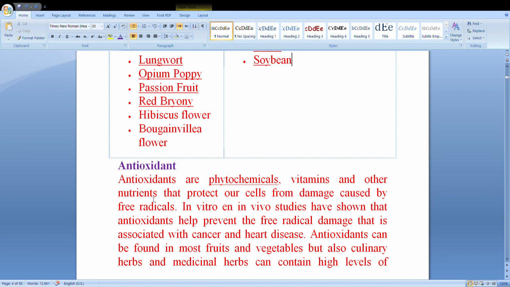They protect or prevent our cells from damage. So this is the most important antioxidant. In vitro and in vivo studies.